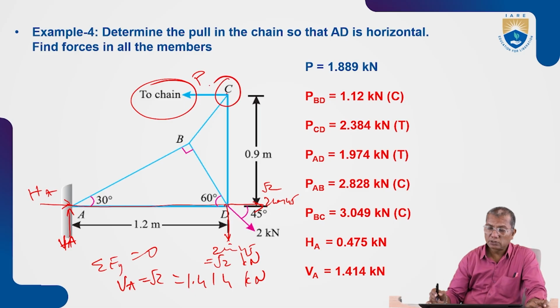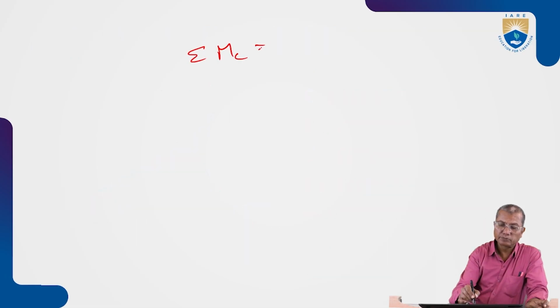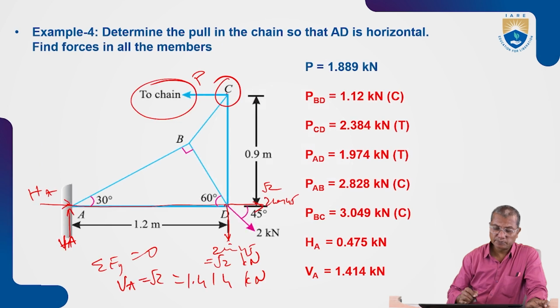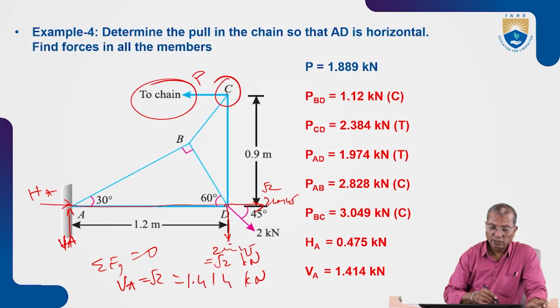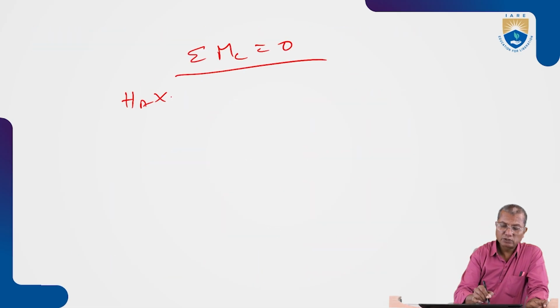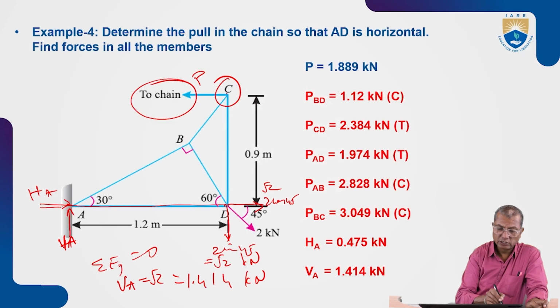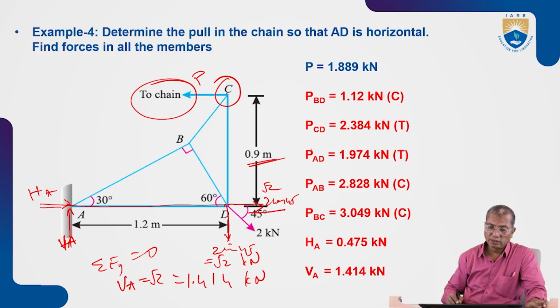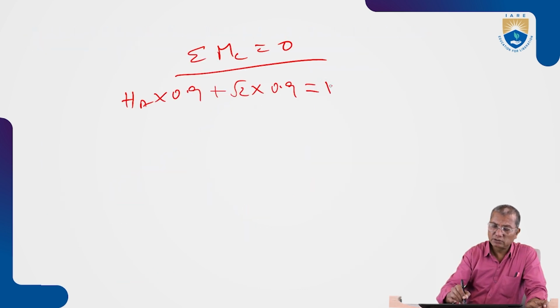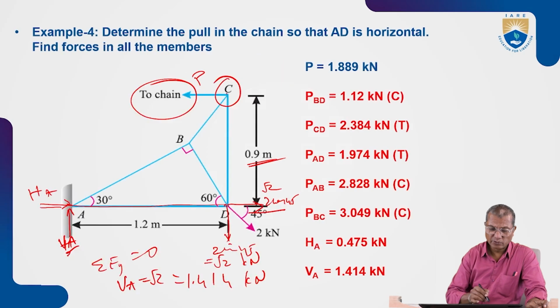To find HA, we will take moments about C. HA into 0.9 plus root 2 into 0.9, since both are at 0.9 meters, and VA, which is also root 2, at a distance of 1.2 meters.